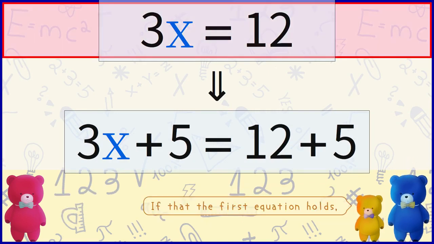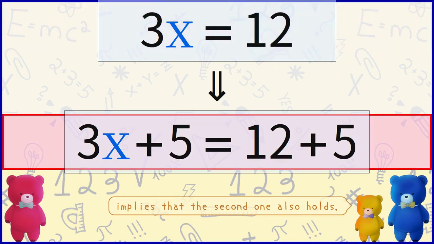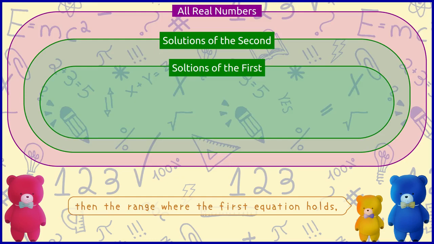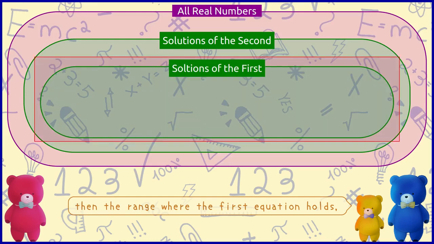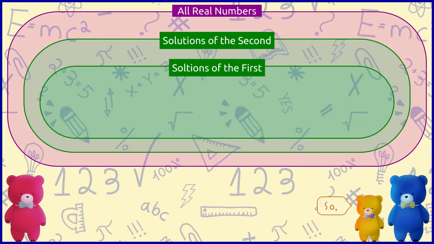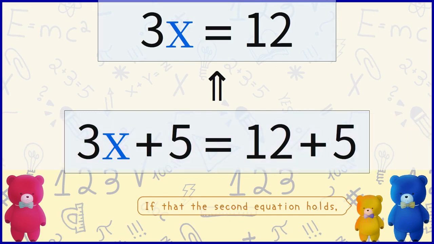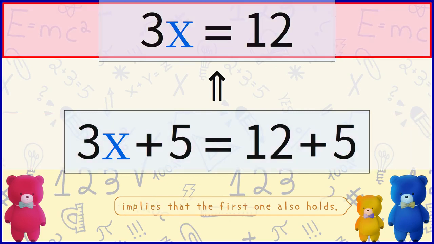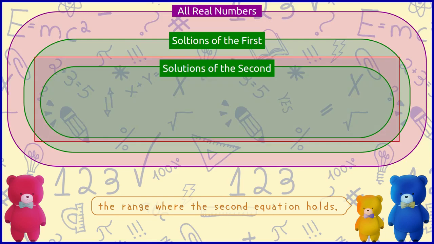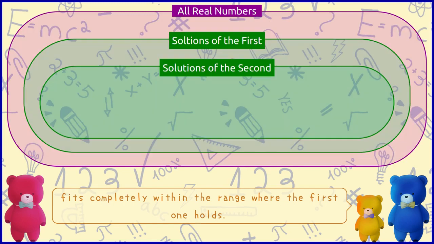If the first equation holds, it implies that the second one also holds. Then the range where the first equation holds fits completely within the range where the second one holds. And if the second equation holds, it implies that the first one also holds. The range where the second equation holds fits completely within the range where the first one holds.